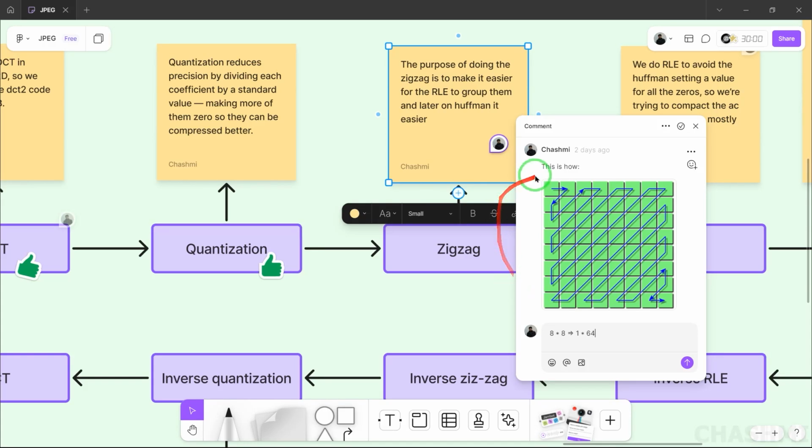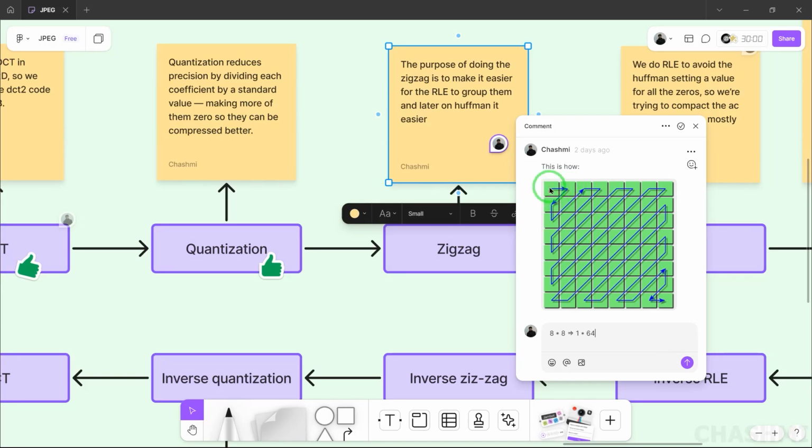But the question is why in this way? Why not just pick the first row and then the second row, then third, four, five? No. Look, we try to keep the lower frequency in the beginning of this RLE to divide the DC and AC sections. So we do this zigzag format. First, we pick this one. Then the closest to this lower frequency is this one.